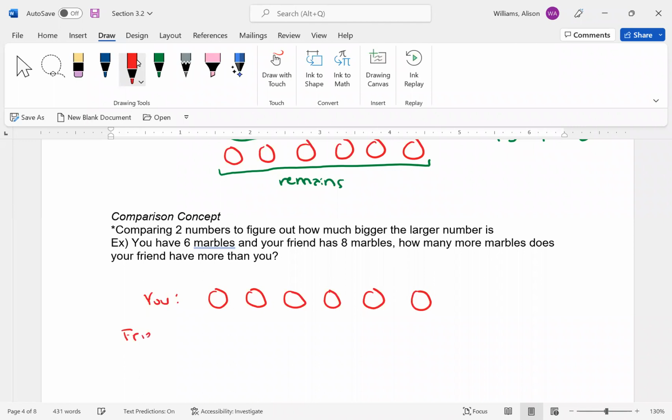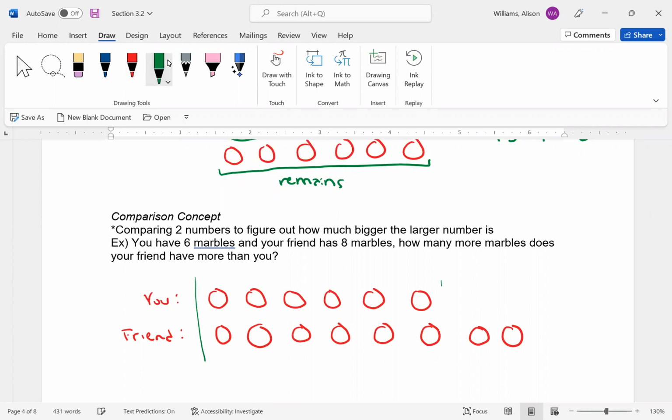Your friend has 8: 1, 2, 3, 4, 5, 6, 7, 8. So your friend has 2 more than you. 8 minus 6 equals 2.